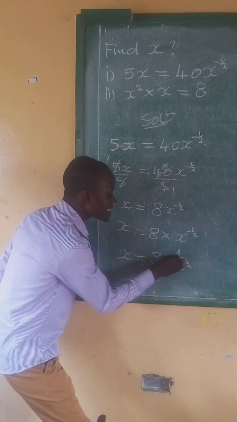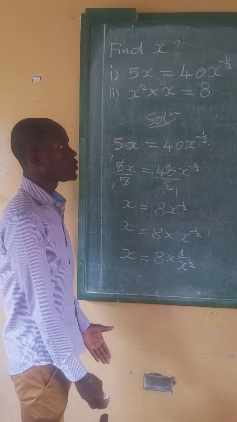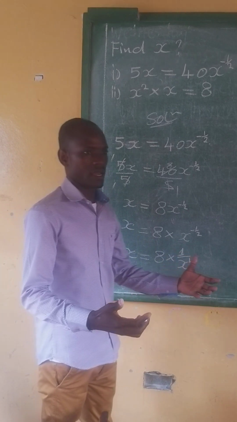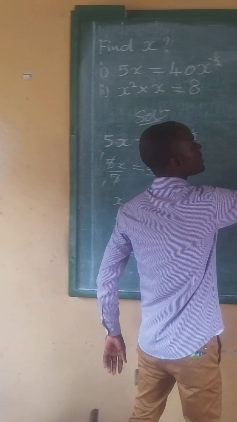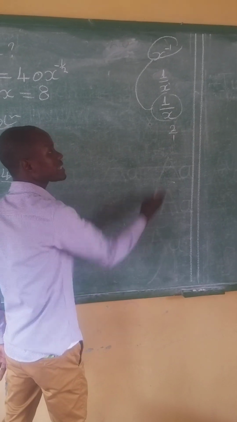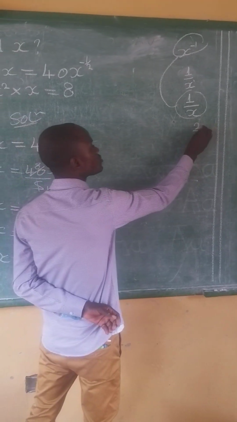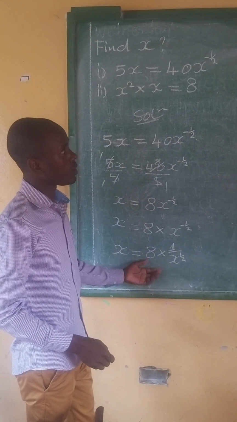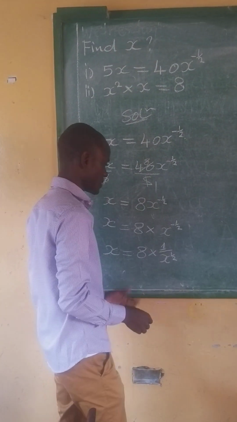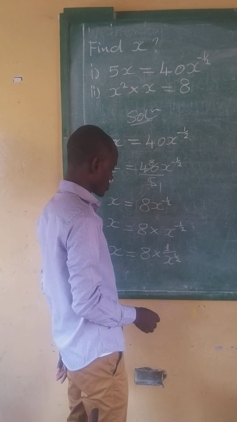So what is the next step? We know that any number over 1 is that number. If you say 2 over 1, it's just the same as saying 2, because 1 into 2 you get 2. This is the concept we're going to use on this part.